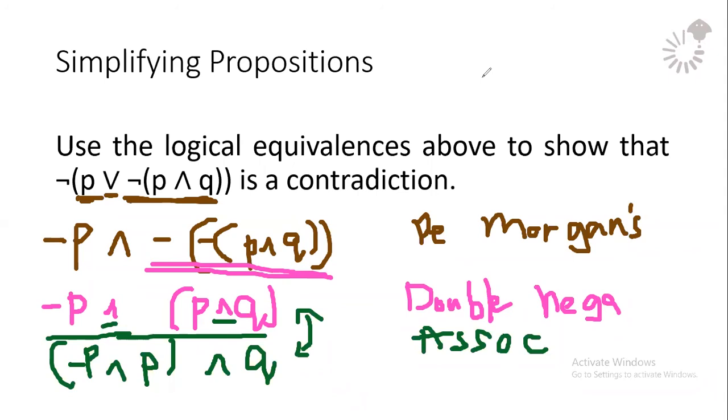Anong rule yon? That is contradiction. Sa contradiction, it's a statement in conjunction with negative self. The answer is false.